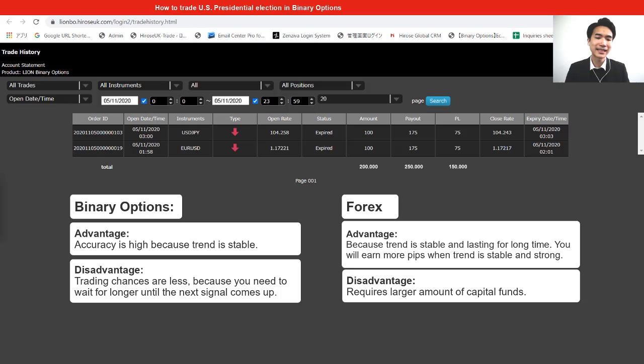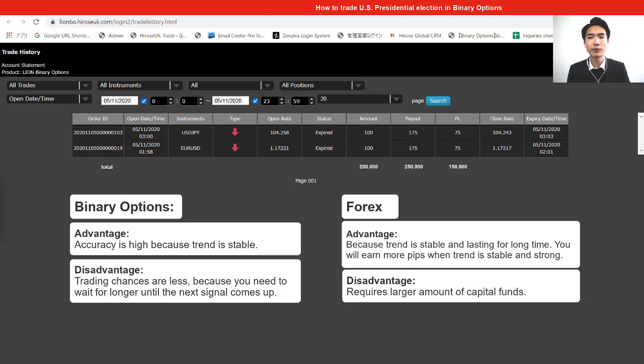But that disadvantage again is the advantage in forex trading. When the trend continues in the same direction and we have placed a trade there, we are going to earn more pips, meaning more profit with the position we are holding.